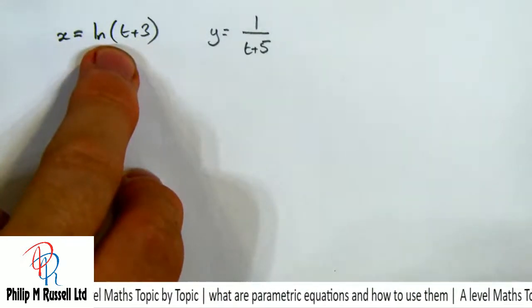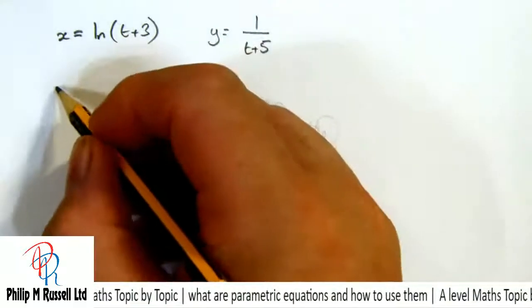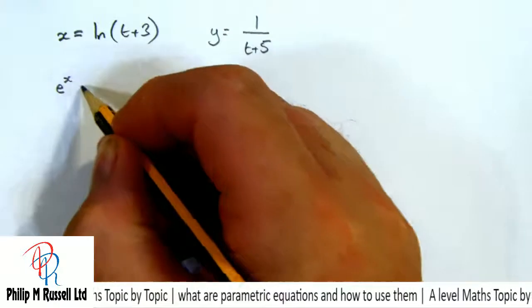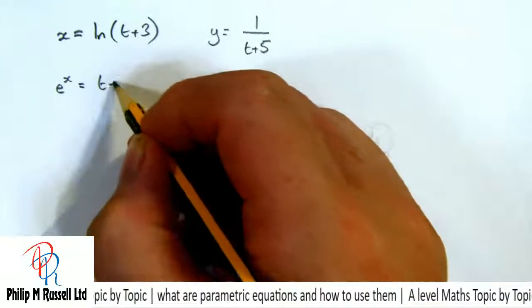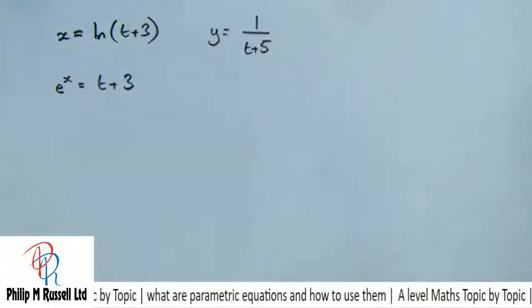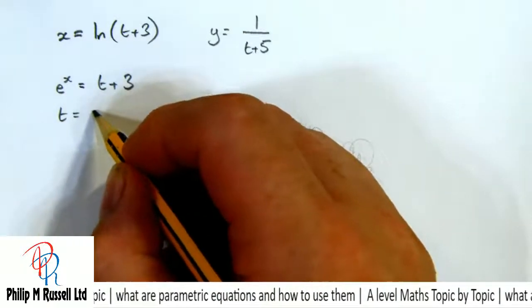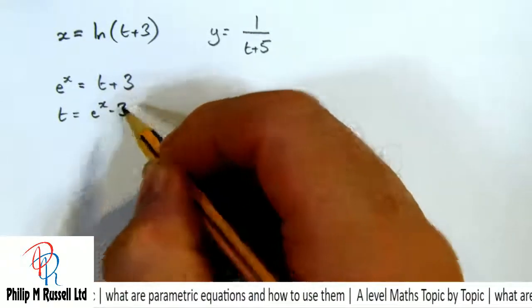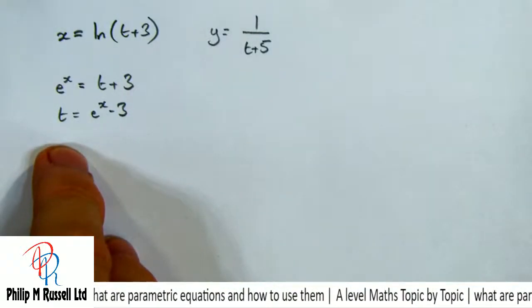The ln is going to give us a problem, so let's get rid of this, and I could say that e to the x is going to equal t plus 3, and therefore we can work out that t is going to be e to the x minus 3. What else can we try and do here?